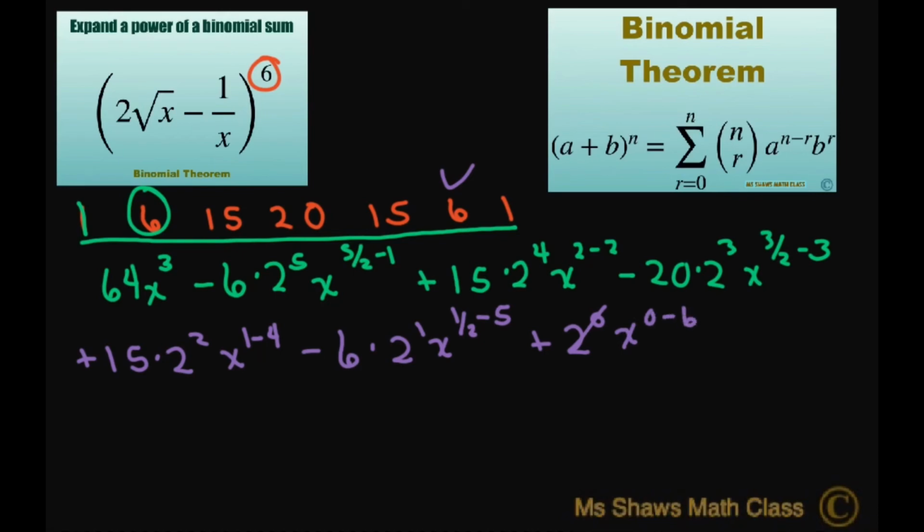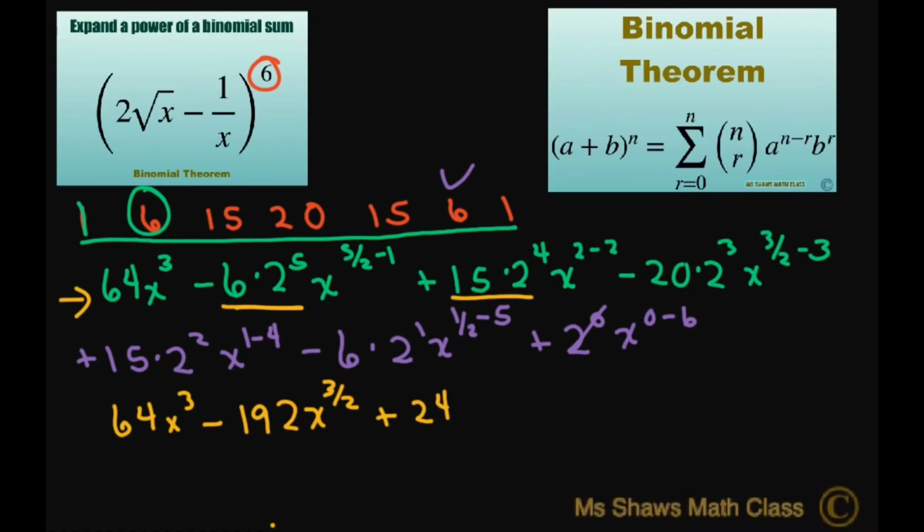Alright, so simplifying this gives you 64, starting up here, x cubed minus, when you multiply those two, you get 192 x to the power of 3 halves. And then multiplying 15 times 16, that's going to be plus 240. And this is going to be a 0. So x to the 0 is just 1. Minus 8 times 20 is 160.